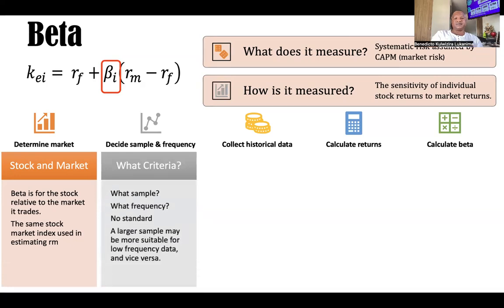There's no criteria. Although normally it ranges between 2 years and 5 years. Similarly, the frequency can be daily, weekly, monthly. Doesn't matter. It's only important to note that the choices would make a difference. Someone who is choosing a monthly frequency and someone who is choosing a daily frequency, the outcomes can differ. But there are no standards.